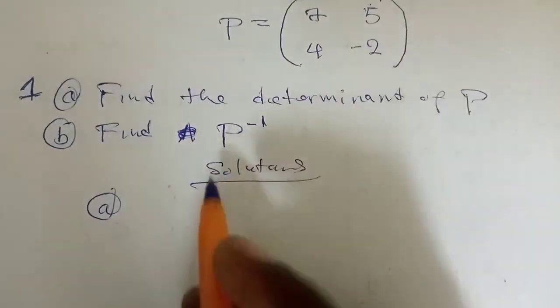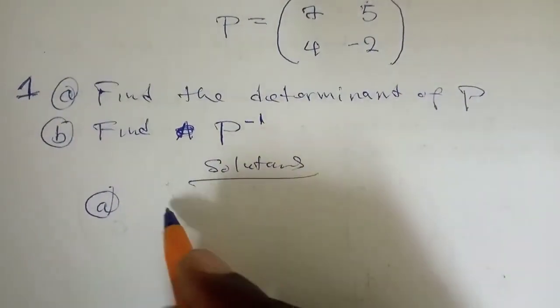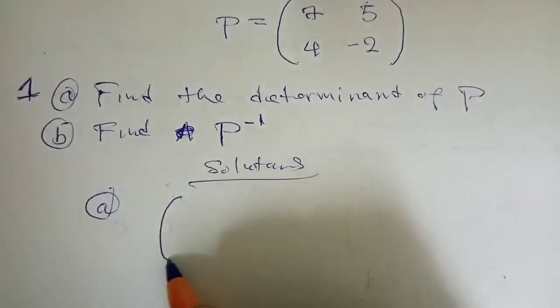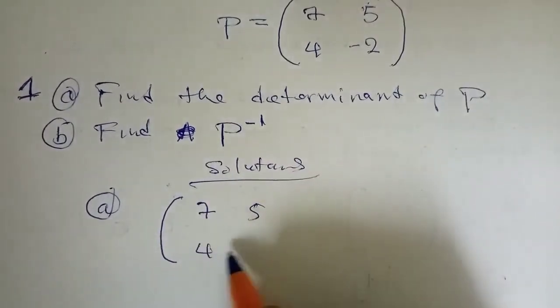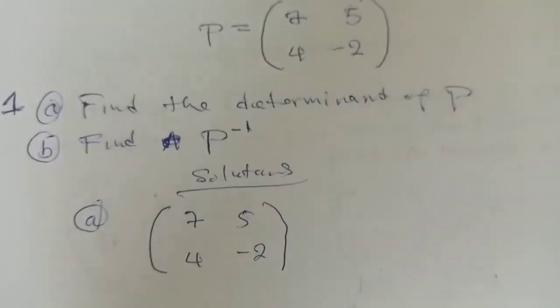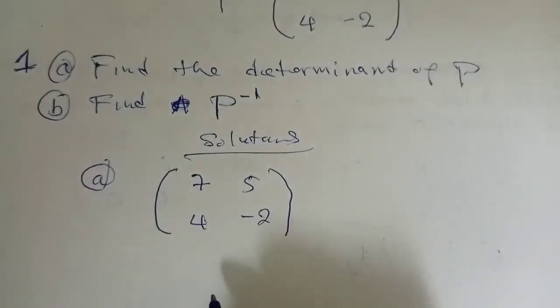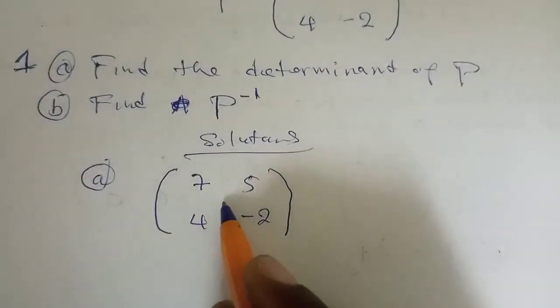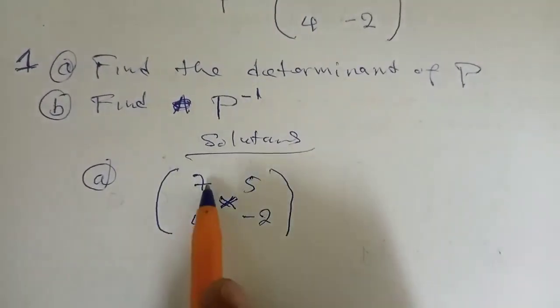The first thing you need to do is copy the matrix: 7, 5, 4, -2. Then you find the determinant.